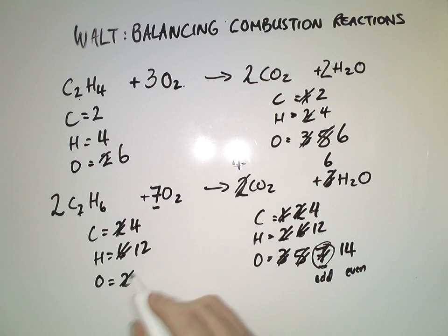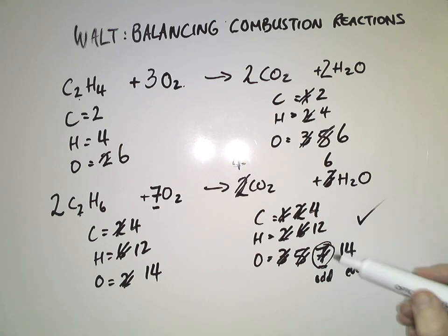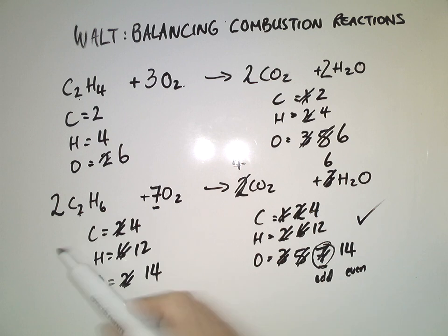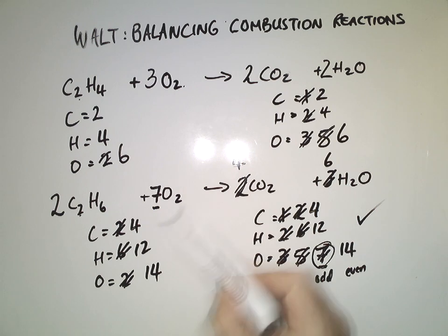And so that of course gives me 14 oxygens, and I can say, yep, tick, everything is balanced. So the trick with any combustion reaction when you end up with an odd number down here is just to double everything. Leave this till last, of course, but double these 3 and it'll change this odd to an even. And that's how you balance a combustion reaction.